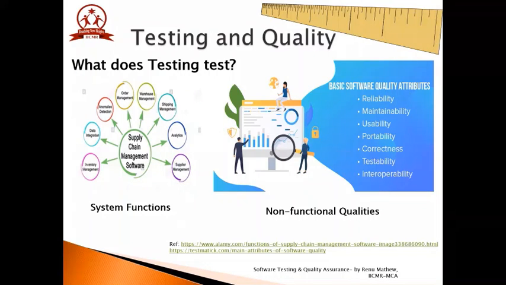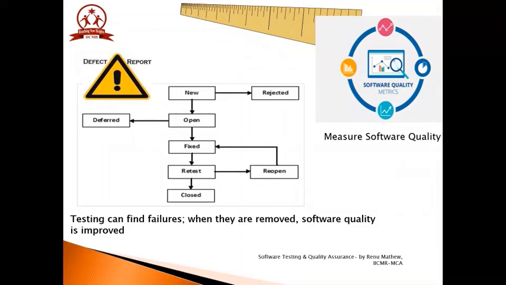So now let us again consider the question, will testing improve the quality of the software? Testing efforts include testing system function, correctness of operation, and non-functional qualities like reliability, usability, security, maintainability, etc. It shows failures which indicate the presence of defects in a system.